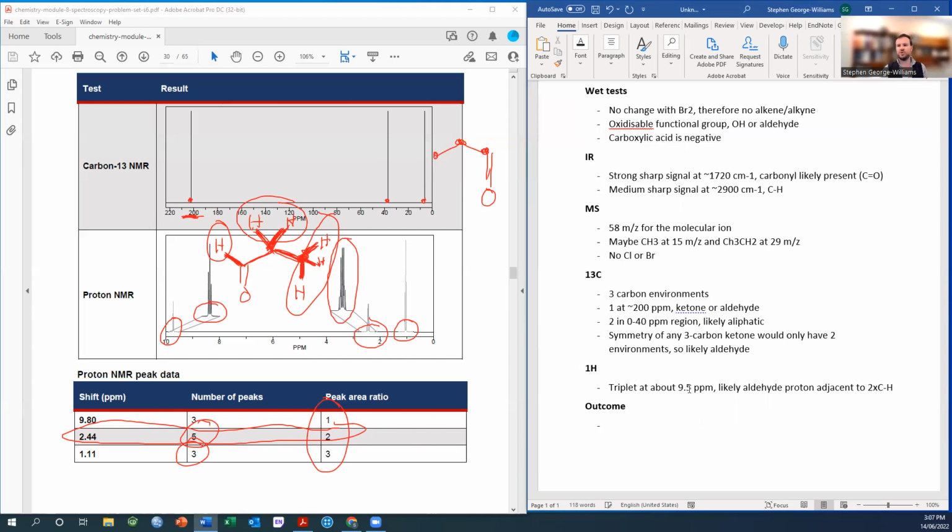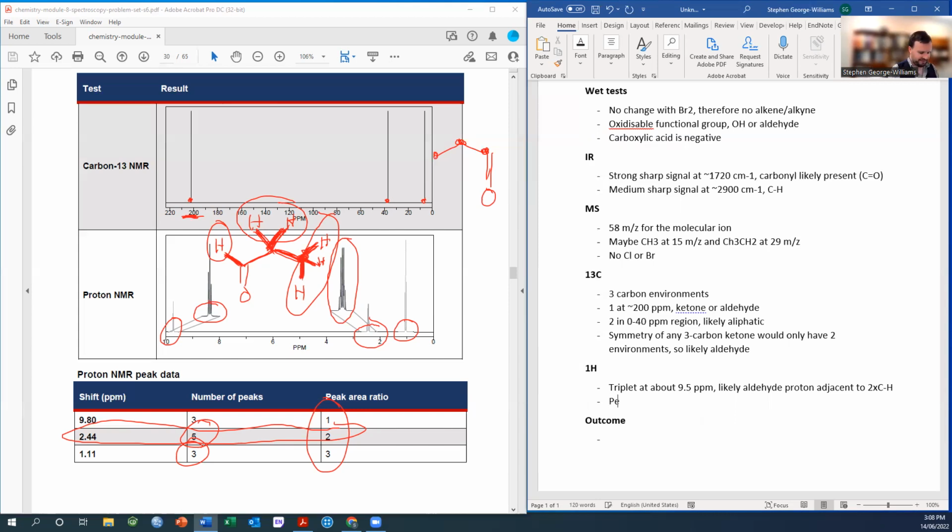So we know that there's a CH2 next to that, explaining the outcome of that triplet. Remember, it was an aldehyde, so I also knew that those 2 hydrogens had to be only on one side. I couldn't have split them in both directions. That, of course, would have been a ketone.